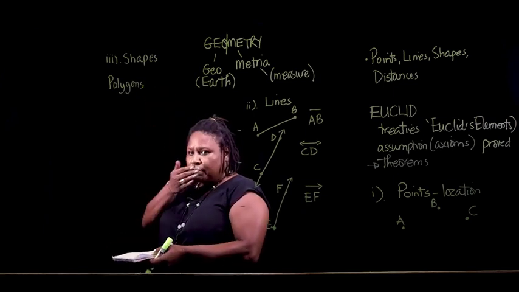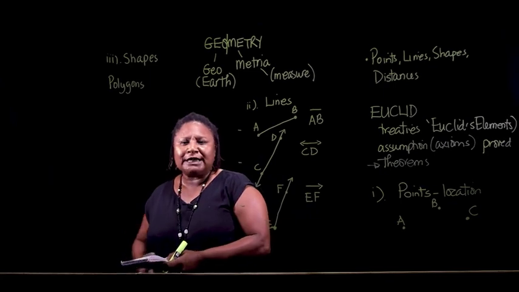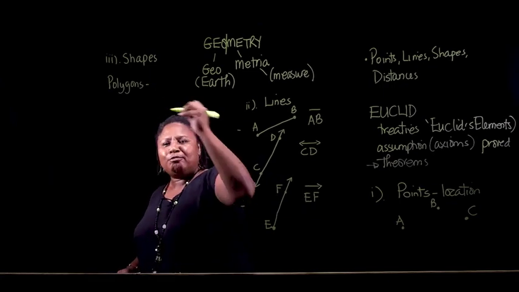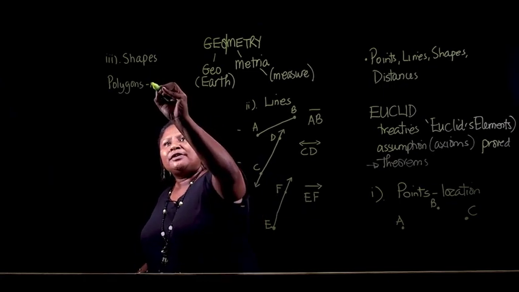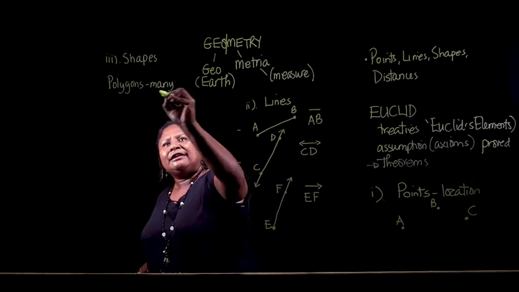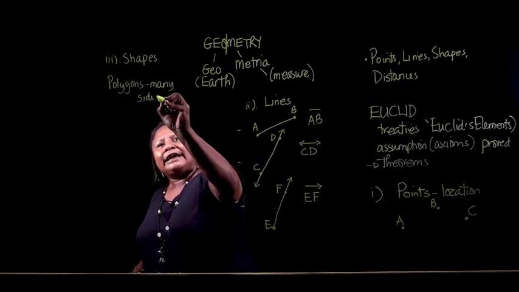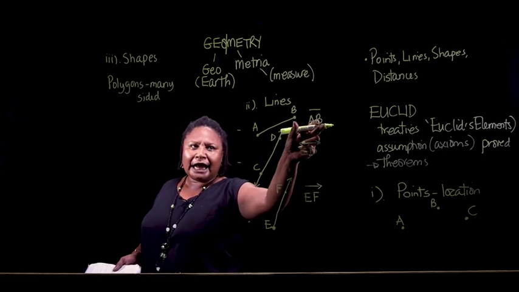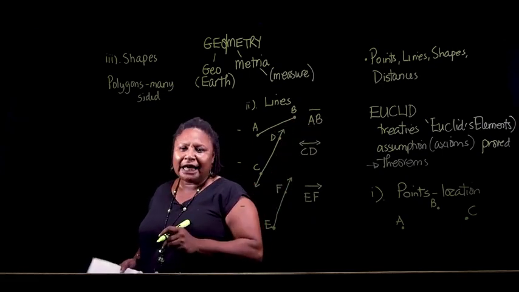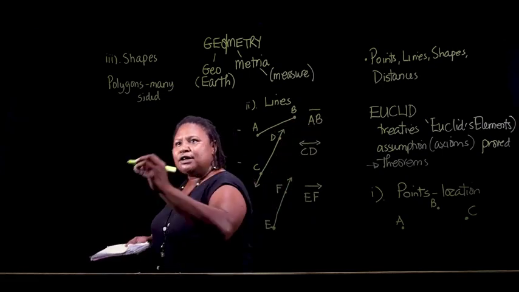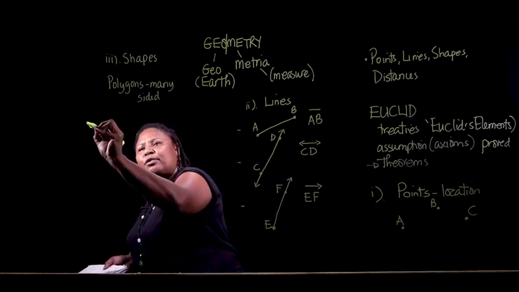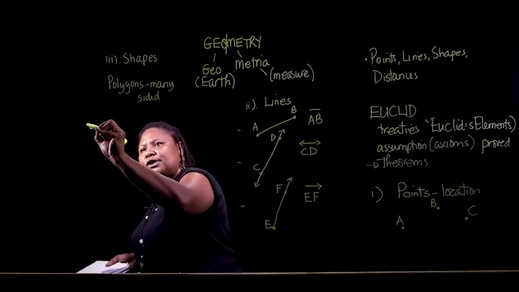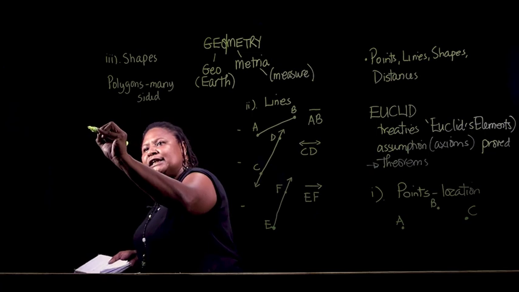Polygons are many-sided, meaning they have 3 or more sides, and they are formed by line segments.